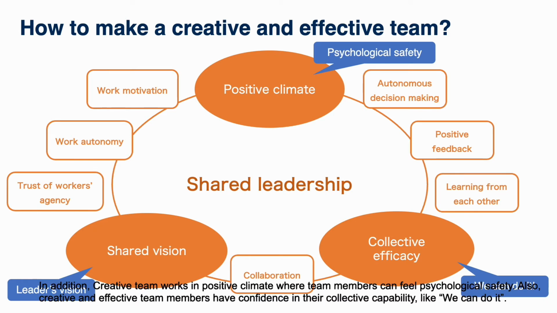In addition, a creative team works in a positive climate where team members can feel psychological safety. Also, creative and effective team members have confidence in their collective capabilities, like, we can do it.